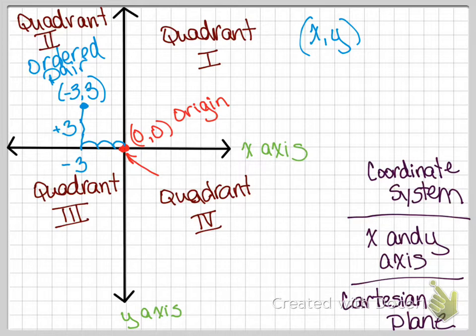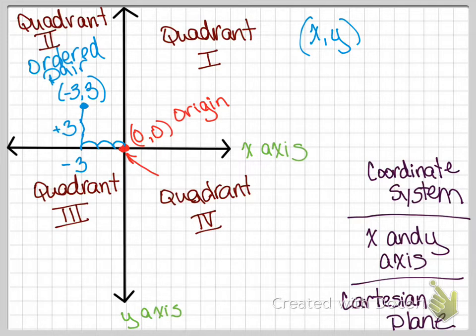Okay? So all of these numbers are positive numbers, and it goes to positive infinity. You can also go all the way to the left, and you're going to hit negative infinity. So if I have a positive x value, I'm going to go to the right. If I have a negative x value, I'm going to go to the left. Okay? My y-axis, if I go up, that's my positive. If I go down, that's my negative.